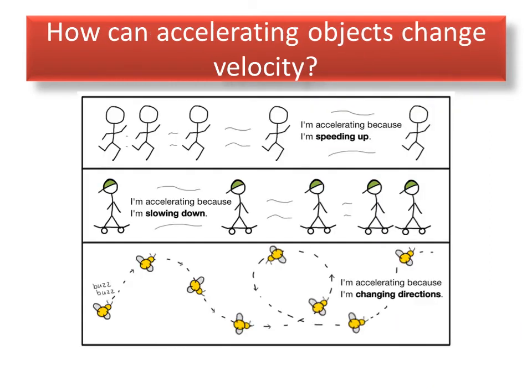How can accelerating objects change velocity? Look at this diagram, I have put it for you. Usually, objects can change velocity because they are speeding up or slowing down or changing direction.